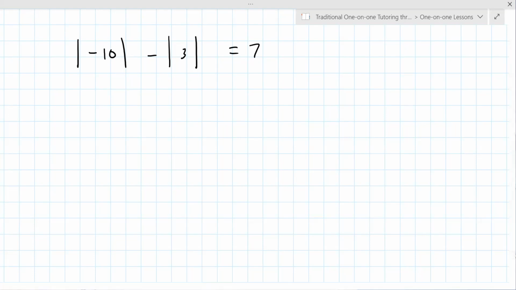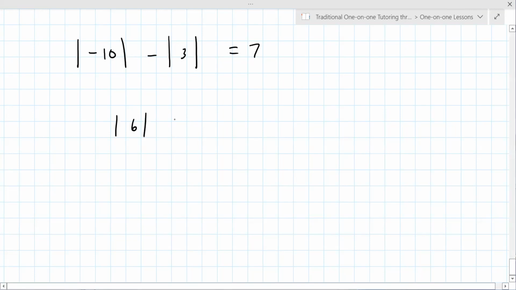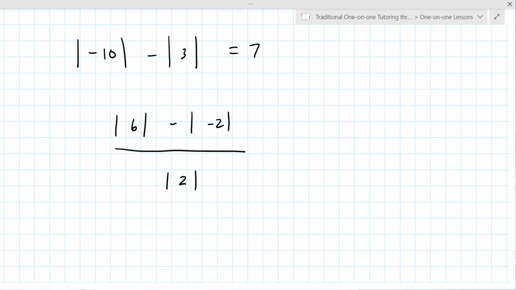So let me give you another one here. Let's go absolute value of 6 minus absolute value of -2, divided by the absolute value of 2. Try something a little bit different here.